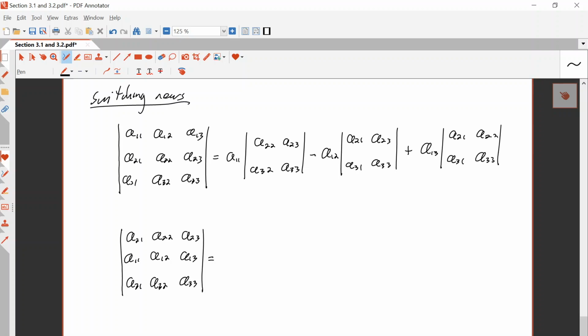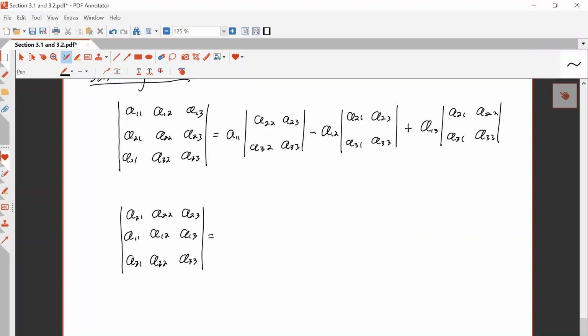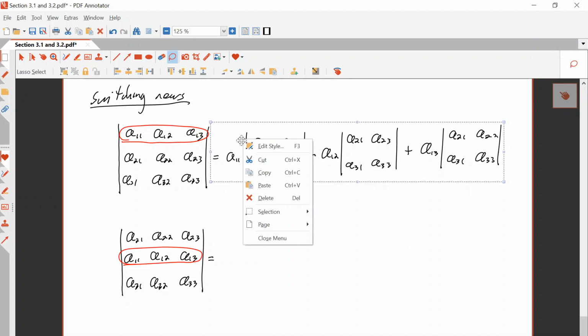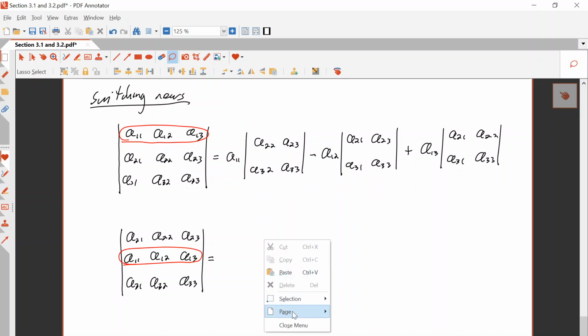Since I switched rows 1 and row 2, I'm going to do the cofactor expansion now. This cofactor expansion was done around row 1. Now I want to do it around row 2. But that's exactly the same as this one, except that the plus minus plus pattern becomes minus plus minus.